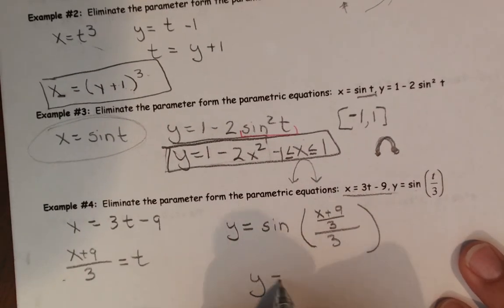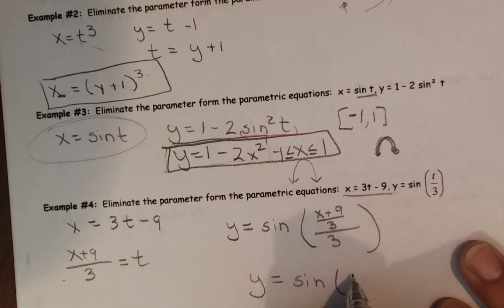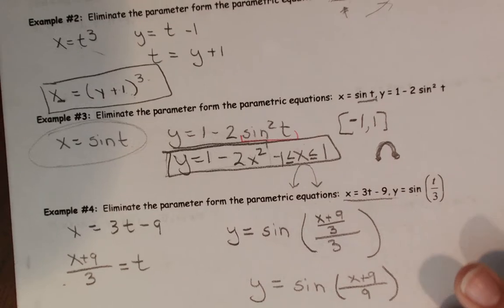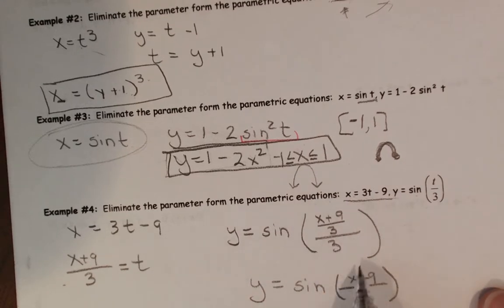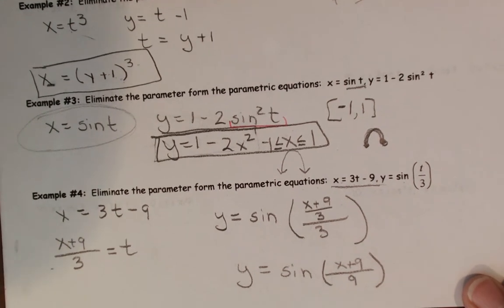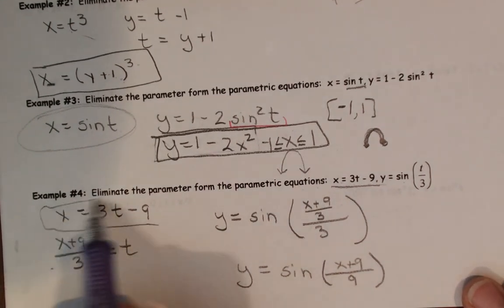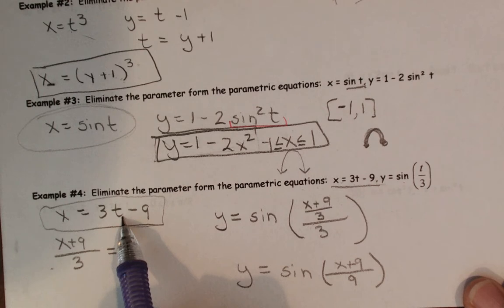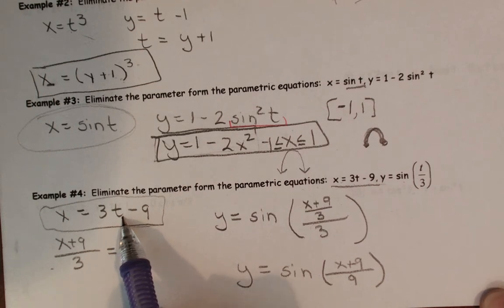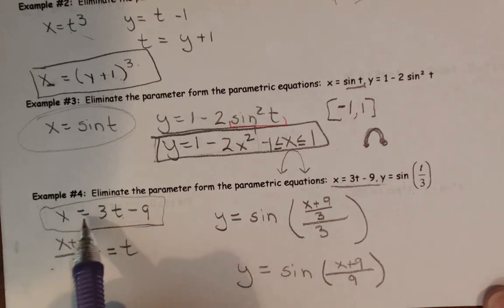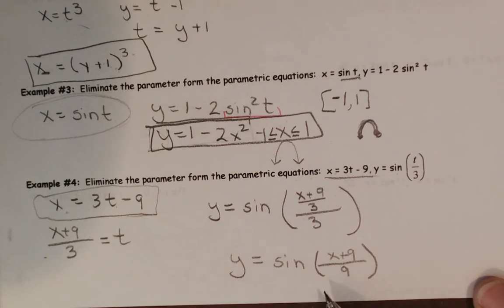So that's going to be y equals sine of (x plus 9) over 9, because dividing by 3 is the same as multiplying by 1/3. Now this is the one I manipulated. No matter what I plug in for t, inputs for t from negative infinity to infinity, I get outputs for x from negative infinity to infinity. So I don't need to put any restrictions on this.